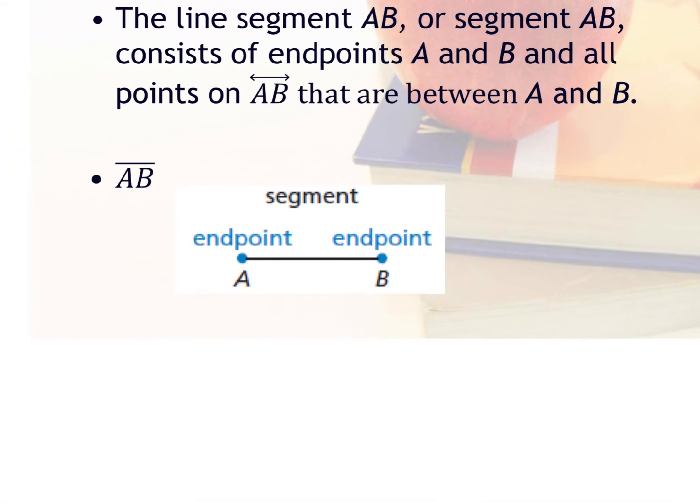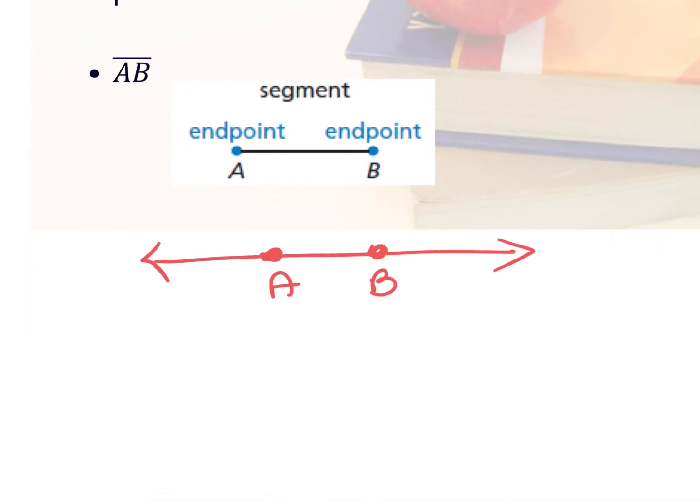So for example, even if I drew a line here and put points A and B on it, when I'm trying to refer to a line, I put the 2 points and draw the picture of the line on top.